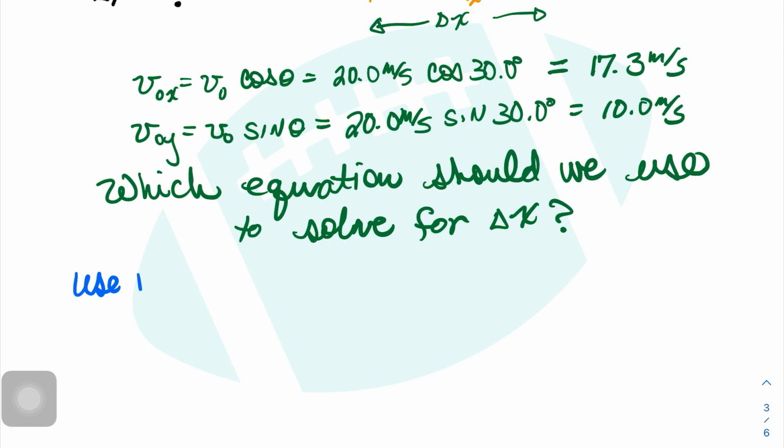I hope that you picked B. The ones on the right don't have delta x in them, so it has to be one of the ones that's on the left there, and B is the one that we're going to use.